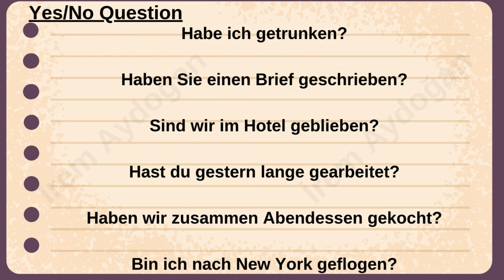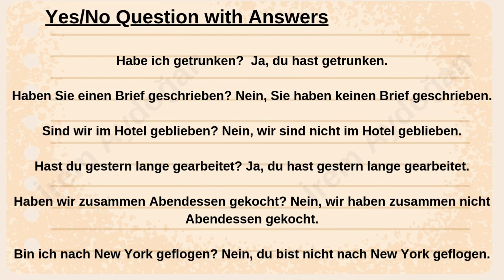So how can I answer these questions? These are yes-no questions. I mean ja or nein Frage in German. So I have some examples in this page. Check them. Habe ich getrunken? Ja, du hast getrunken. It's an option.